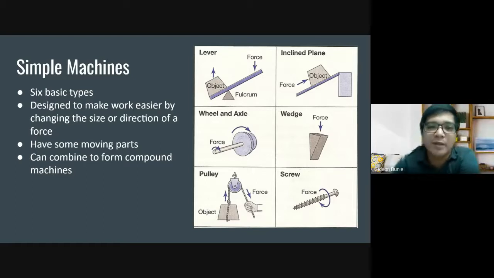Just try to remember this because if we have tests or exams or quizzes, of course this will come out. Like for the lever, you know what a lever is? Not the one in our body, but of course the lever. We have here the object, the fulcrum, and the force. Okay?